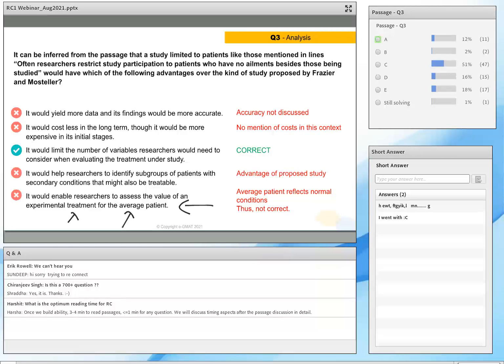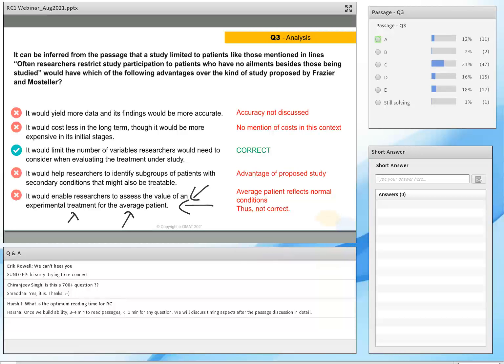So you probably landed up with this answer choice if you did not understand the implied meaning of ideal conditions and normal conditions. That's the only reason that comes to my mind for not being able to get this, or maybe not understanding the question. Okay, with this, I will move on, or maybe I can just quickly talk about choice D also.